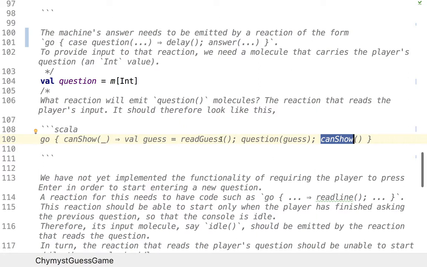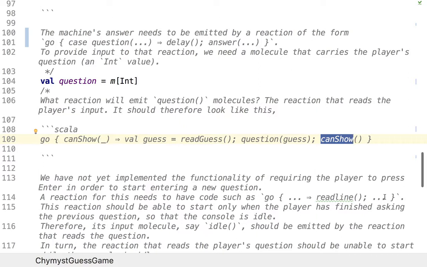After the player has entered one question, the console is idle. Another enter press is required in order to start entering a new question. So obviously we need a reaction for this, and this reaction should have code something like that. So it should consume some molecules, then call the read line in order to consume the enter, require the player to press enter, and then maybe emit something else.